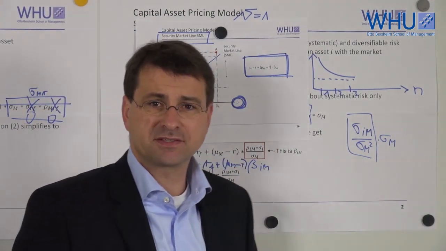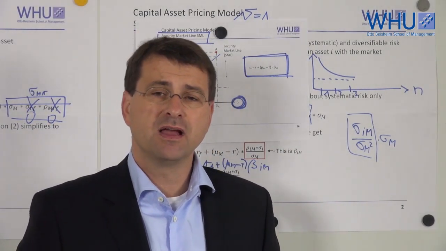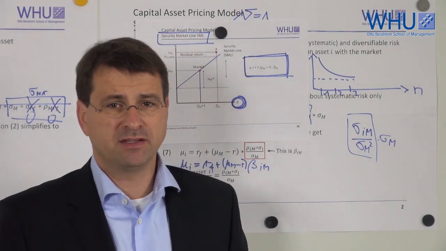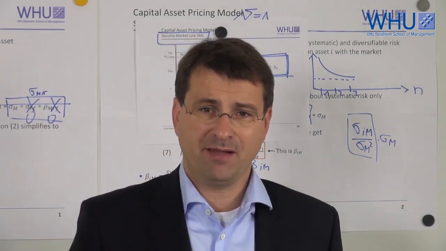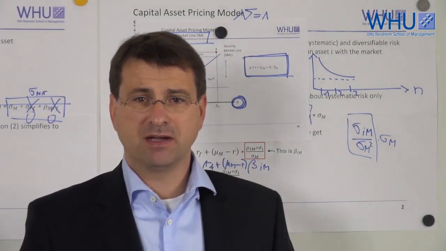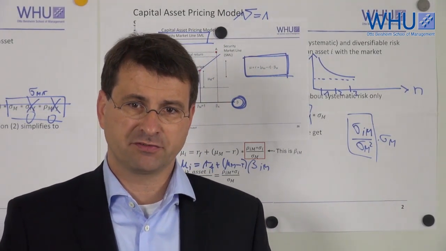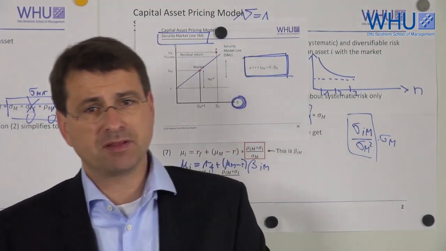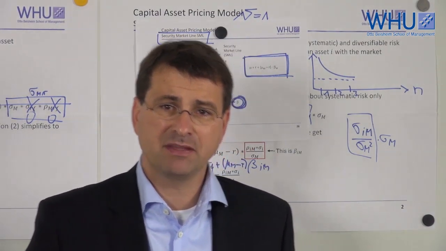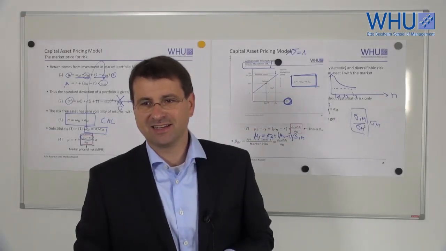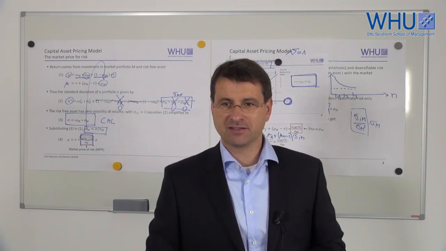So that is one of the most well-known equations in financial education at business schools, but also in financial practice. Namely, it is the equation of the security market line, which we typically refer to as the capital asset pricing model. The capital asset pricing model has been derived out of Harry Markowitz's portfolio theory from the year 1952, over the capital market line paper of James Tobin in the year 1958, and it has then been developed by William Sharpe, John Lintner, and Jan Mossin in the years 1964, 1965, 1966.